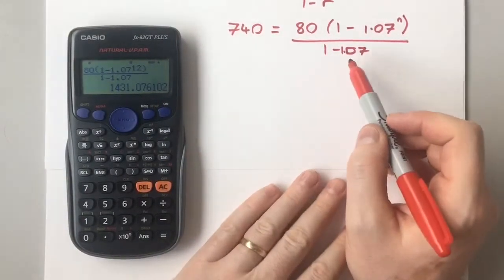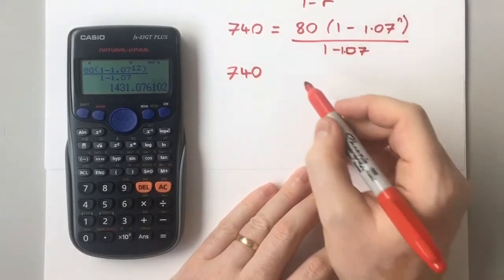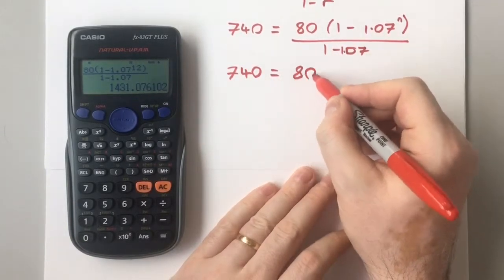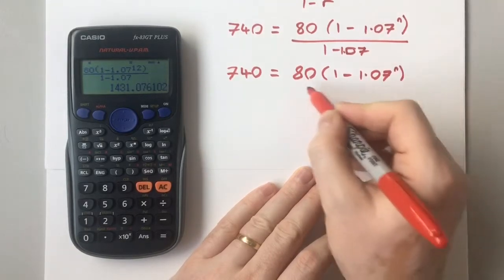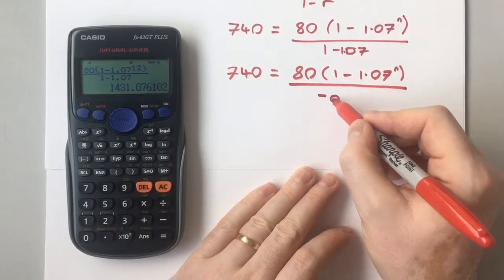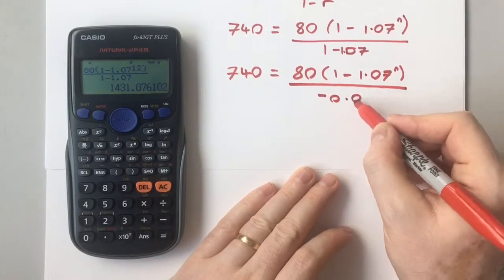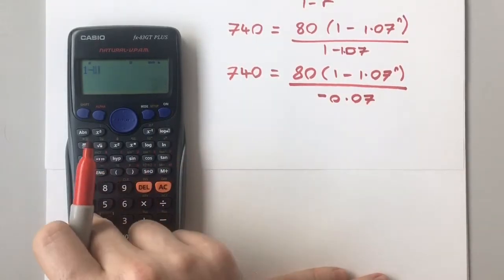I'm going to simplify the denominator. 740 will be equal to 80, brackets 1 minus 1.07 to the n, all over minus 0.07. We can do that on the calculator if we prefer.